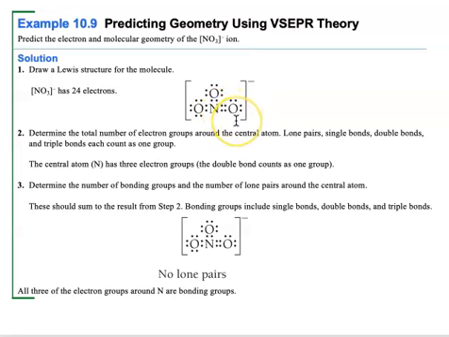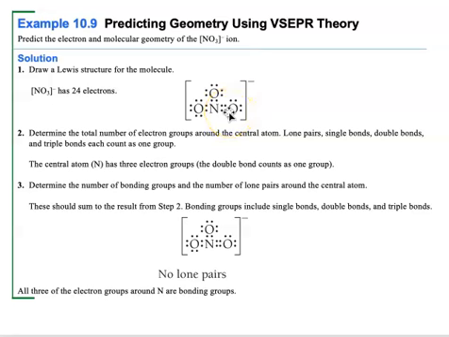So now we need to determine the total number of electron groups around the central atom. Lone pairs, single bonds, double bonds, and triple bonds all count as a single group. So we have 1, 2, 3 electron groups around this nitrogen, reminding you that that double bond only counts as 1.